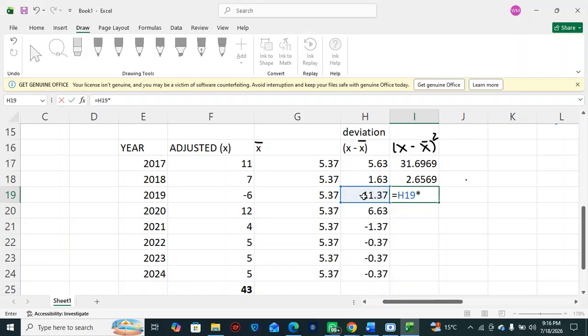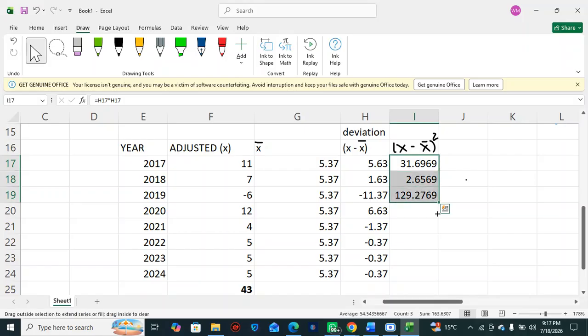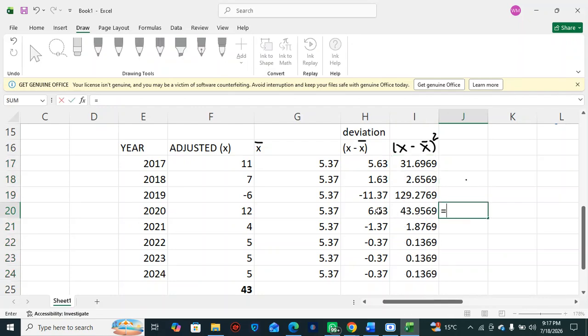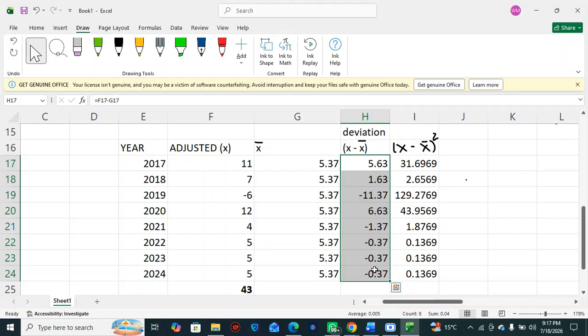How about the others? So each of these deviations, we square them, okay, colleagues? We square each of these deviations.